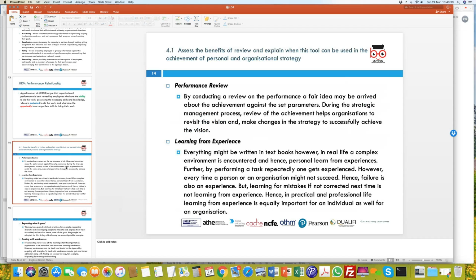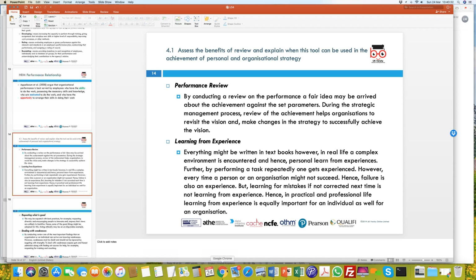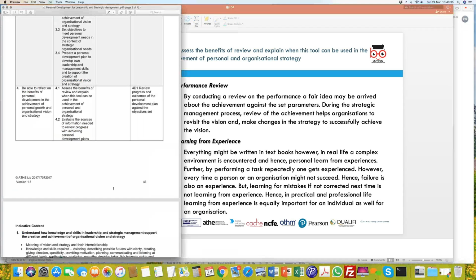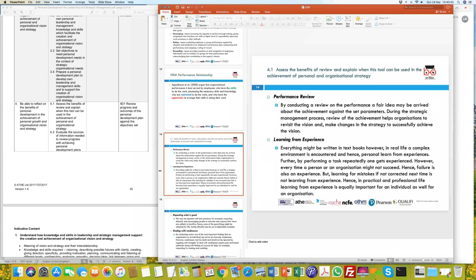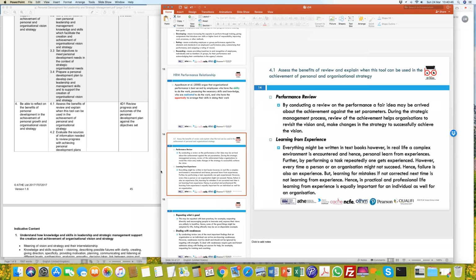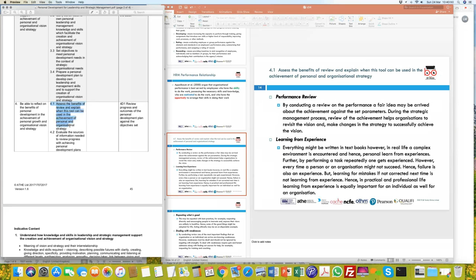So, after having a broad understanding of why we need to look at these training, learning and development activities, and why we need to look at the process of appraisal or performance management within the organization, let's get into understanding some of the assessment criteria related to this.